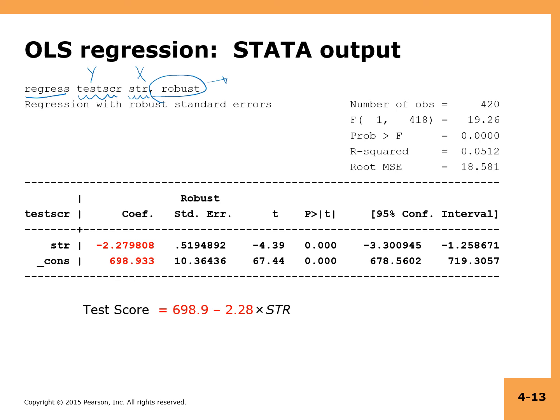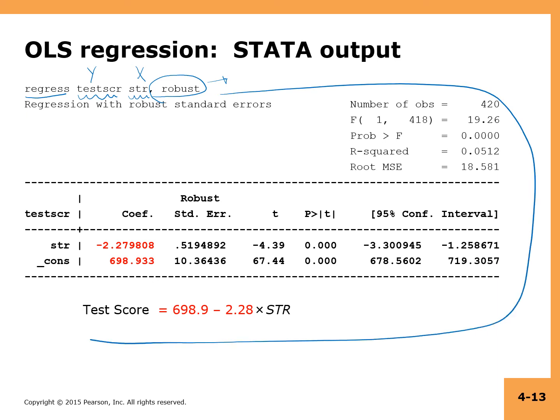When you type this command in, Stata will generate this output. It tells you a lot of information. First, it tells you the number of observations we have. So we have 420 observations, and very nicely, it gives you the coefficients. So this first number is the beta 1 estimate, and then the second number is a constant, or beta 0 hat.